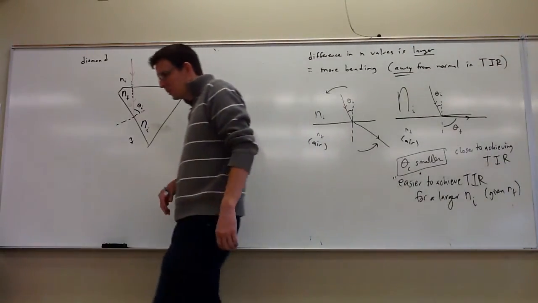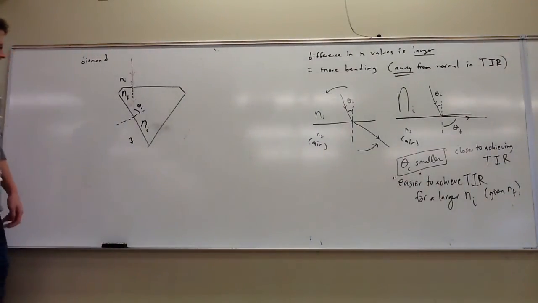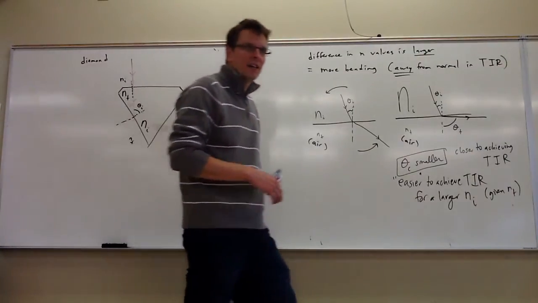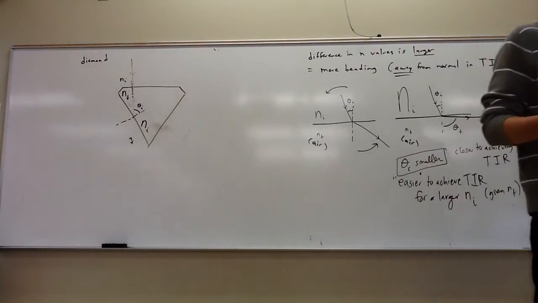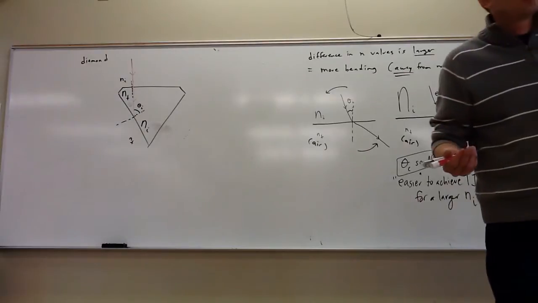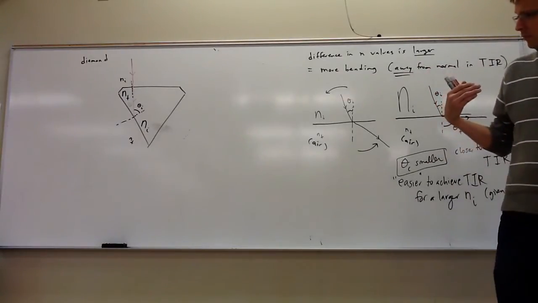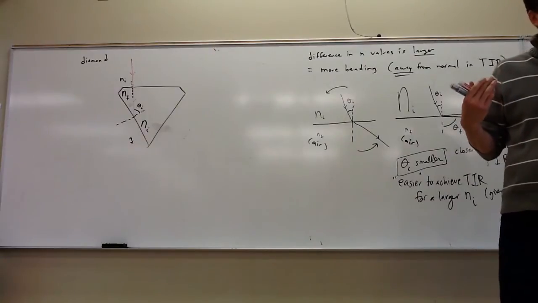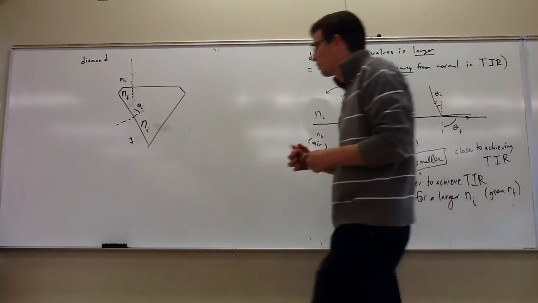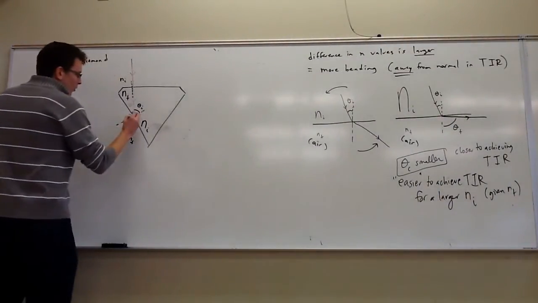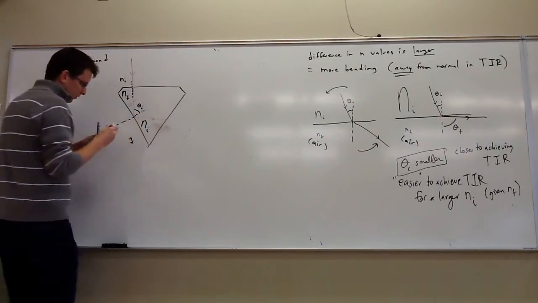But, as you can probably guess, they make sure that theta sub I meets or exceeds the critical angle for these two, for the n value for diamond. So you don't actually go back out, you bounce. So we get total internal reflection here.